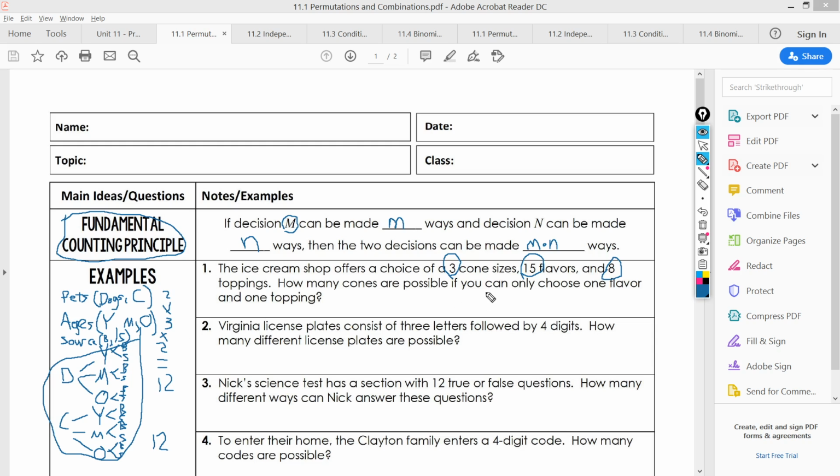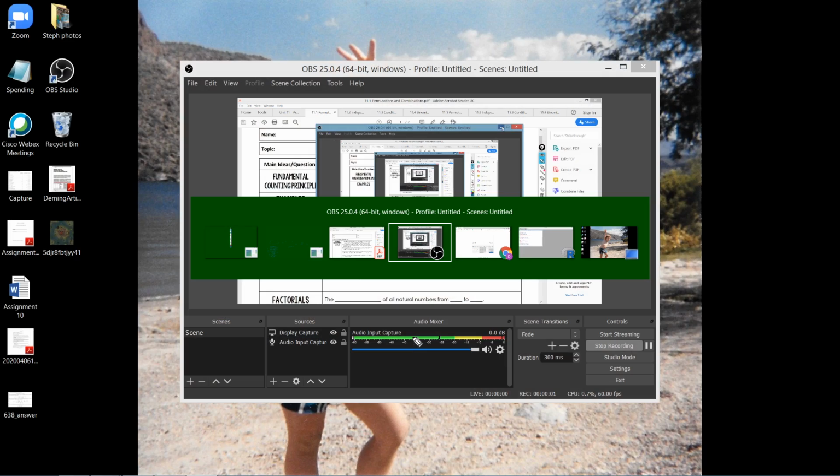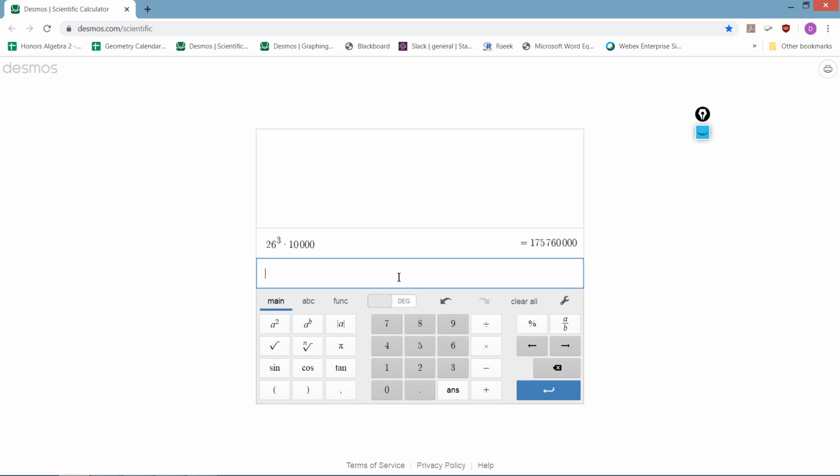It would be ridiculous to write this out in a sample space like this. But now we know the fundamental counting principle, I could just do 3 times 15 times 8, and I get 360.